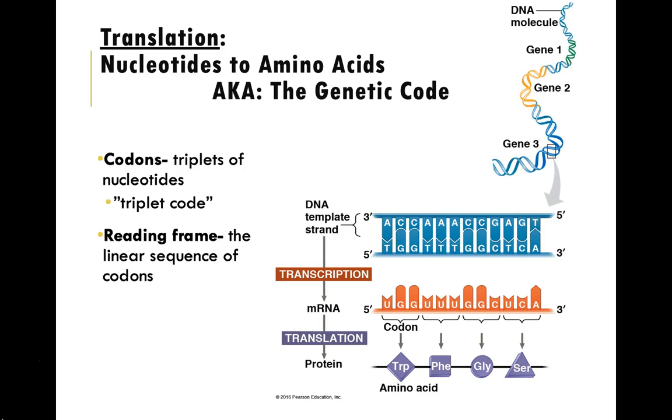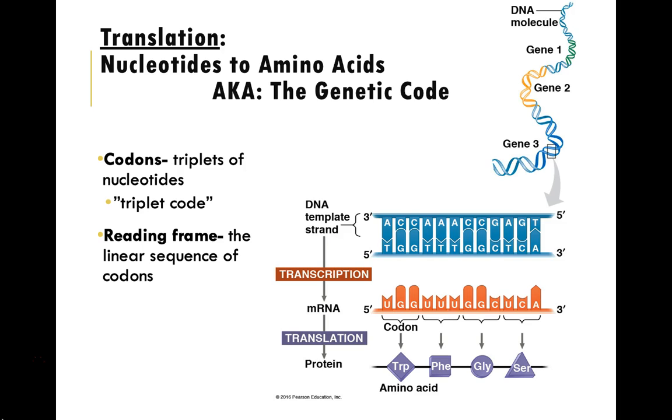So now if you think about what happens when you read, if you start at the beginning of the sentence, the beginning of the first letter of the first word of the sentence, and you read one word at a time, it makes sense. But if you shift anything, say your sentence starts with "the," and you move over one and you delete the T, and you read in sets, it no longer makes any sense.